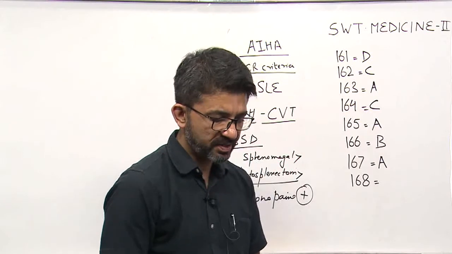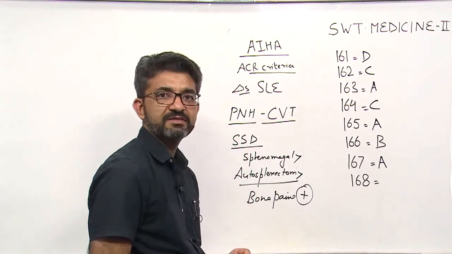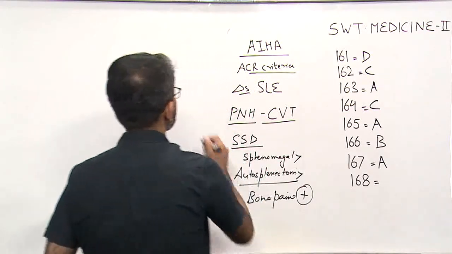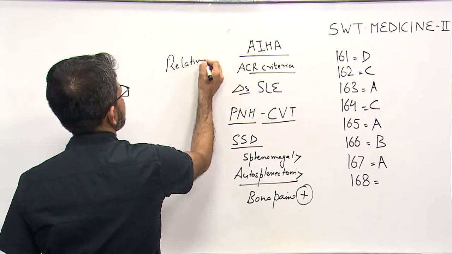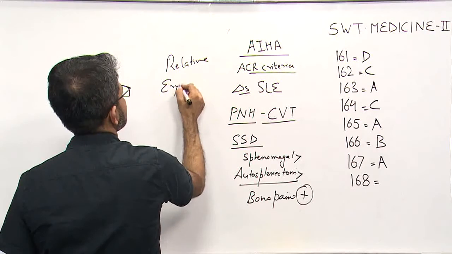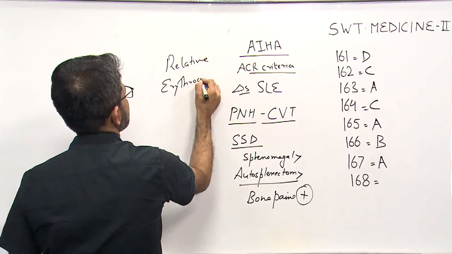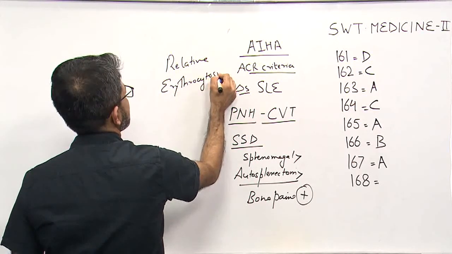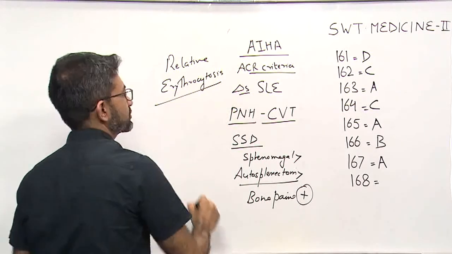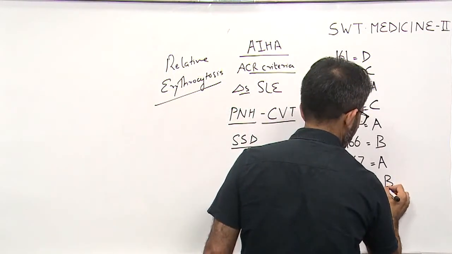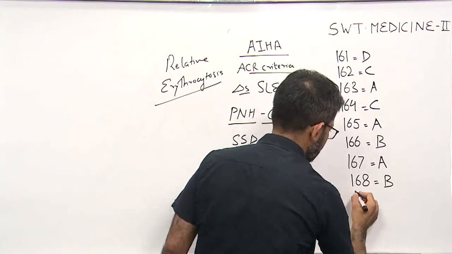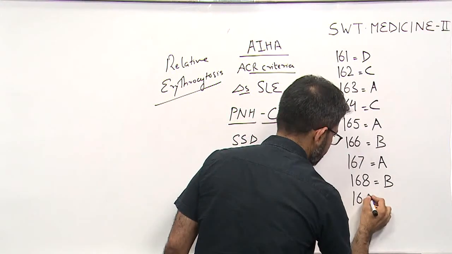Answer is B. The syndrome, the answer is B. It is relative erythrocytosis. Relative erythrocytosis. So, answer is B. You correct the cause, that is erythrocytosis reverse.